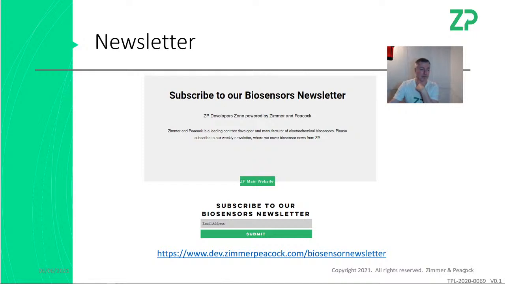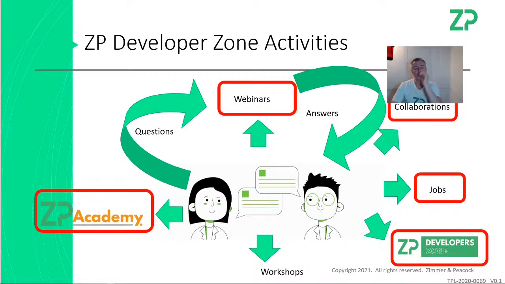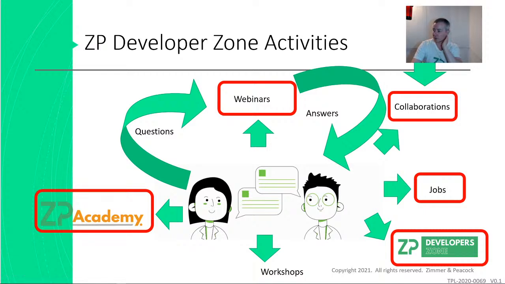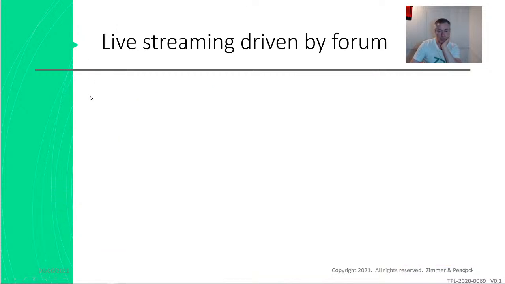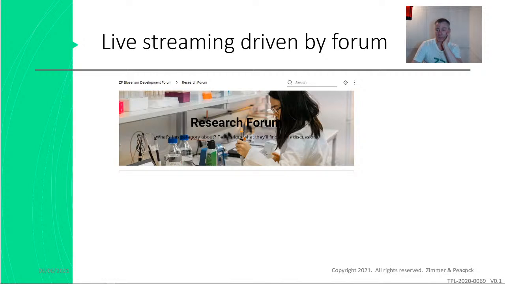Now the next thing I'll discuss is, as I say, we have a very active developer zone, and we do get some good technical questions that come through it. So thank you very much to all the people who ask questions there. The Developer Zone webinar is every Thursday at 8 a.m. London time, and that is often driven by the forum.